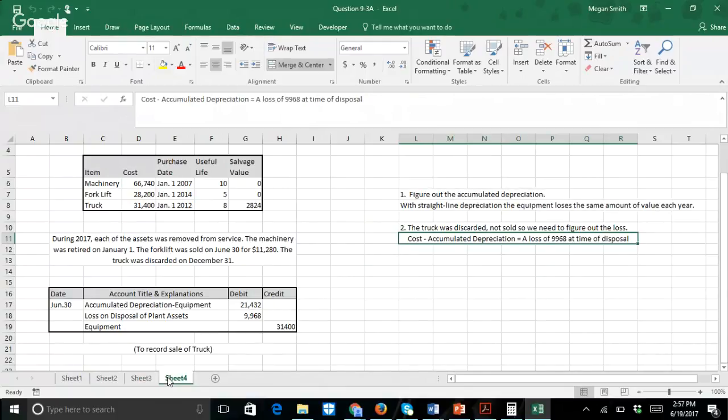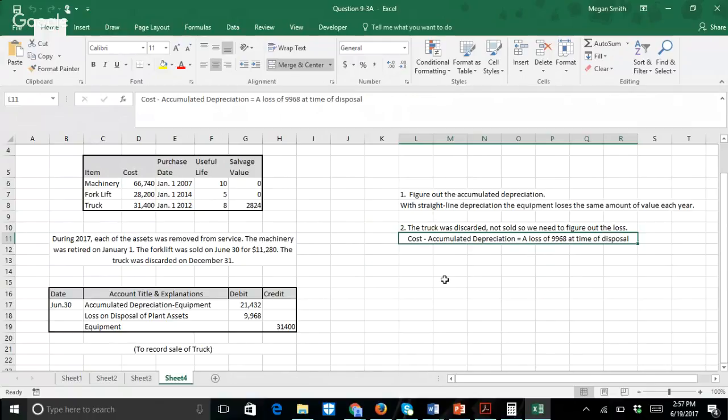The last part of the problem wants us to record the sale of the truck, which actually, the truck didn't sell. They just disposed of it. So we're going to first figure out the accumulated depreciation, and it's the same as we did before using straight line depreciation. And since they disposed of it, there's going to be a loss.